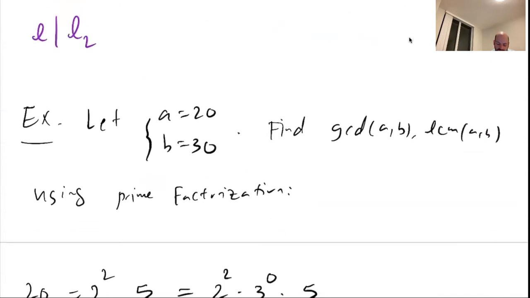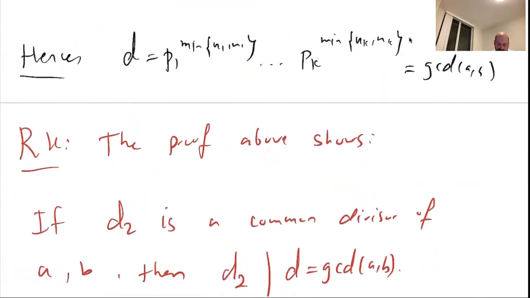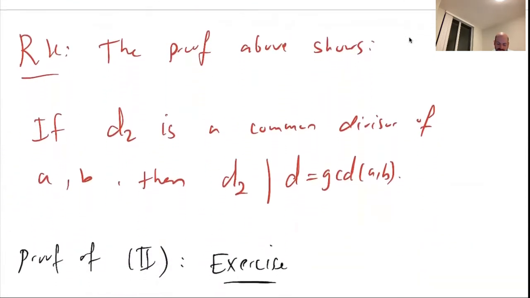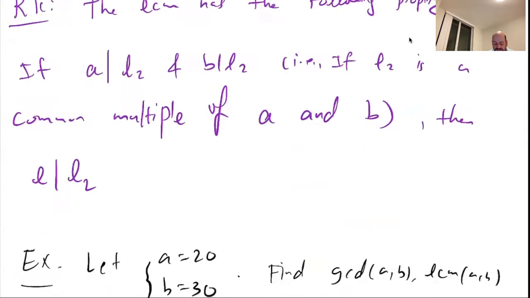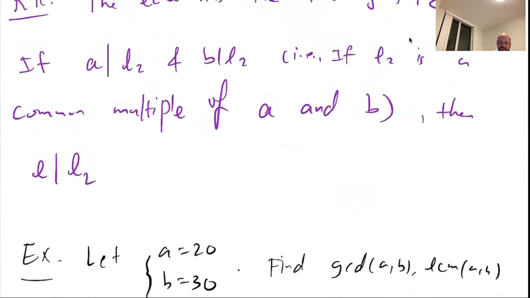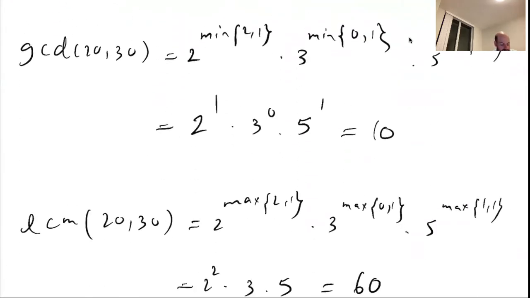Okay, so also I want to give an example of the remarks that we made, for the same example. We saw that the important remarks say that if you have a common divisor, it is always a factor of the GCD. And if you have a common multiple, the least common multiple is always a factor of the common multiple.